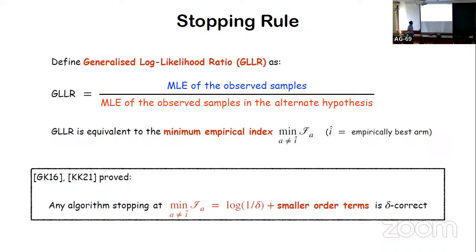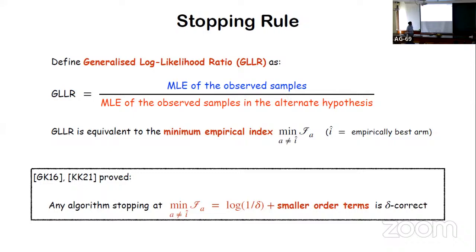So the stopping rule was proved by Garivier and Kaufmann in 2016, and later Kaufmann reduced the thresholds: if we stop using a generalized likelihood ratio based test, where we compute the likelihood ratio as the maximum likelihood estimate of the observed samples over the maximum likelihood estimate of the observed samples in the alternate hypothesis, then any algorithm that stops when this GLLR crosses log 1 over delta plus some smaller order terms is actually delta correct.